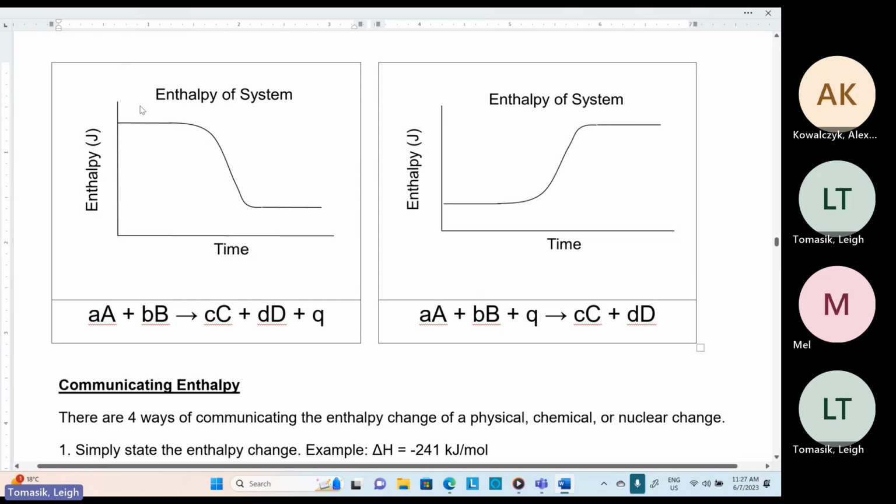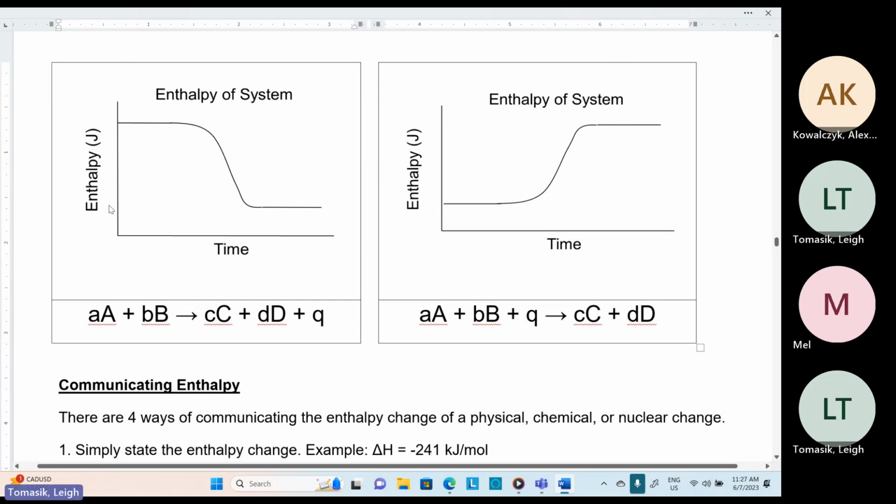Our reactants are written on the left-hand side, right? So this horizontal line that you see at the beginning is indicating just the energy of the reactants. The line on the left is the reactants, the horizontal line on the right is the products, and the slanty line where it goes from one to another represents where it's changing.